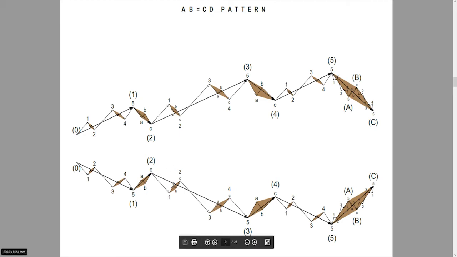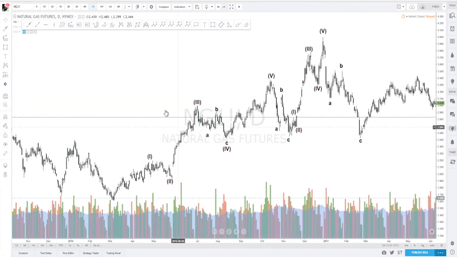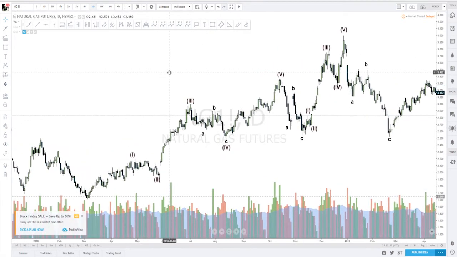So let's look at this wave count. So ABC pattern, you could find it here as there's one. Another one could be this one.